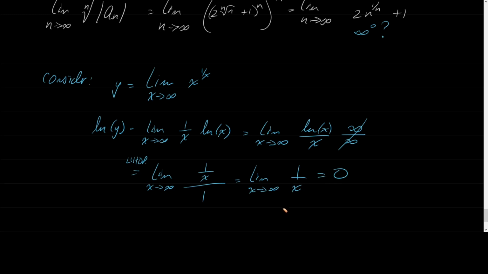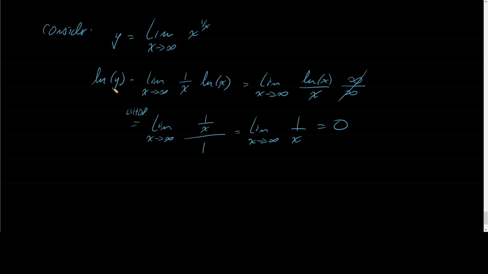Well, that was ln of y. The question was, what is y? Since ln of y is equal to 0, that tells me that y is equal to e to the 0, and e to the 0 is 1. So now I've got what that goes to.